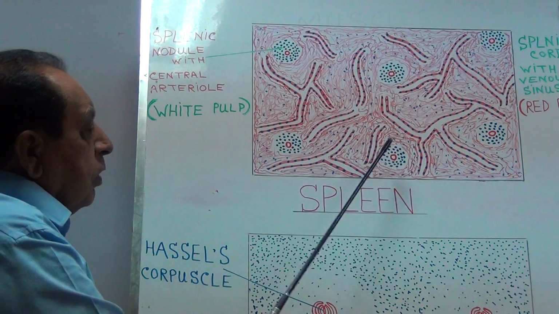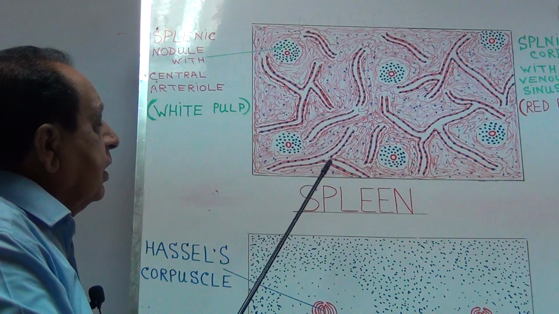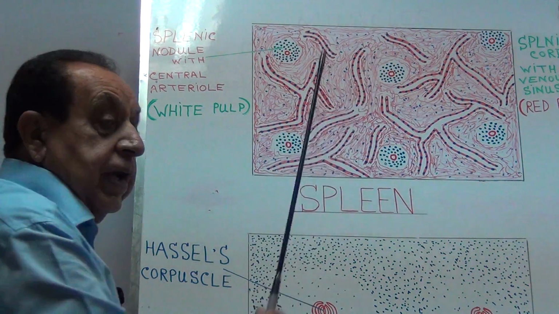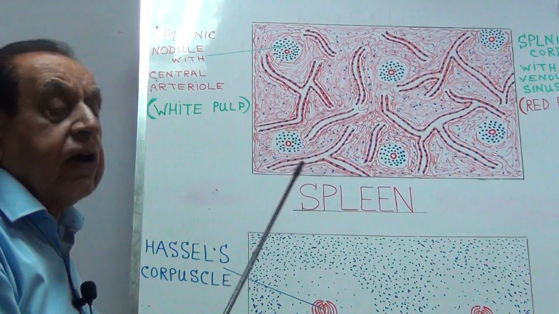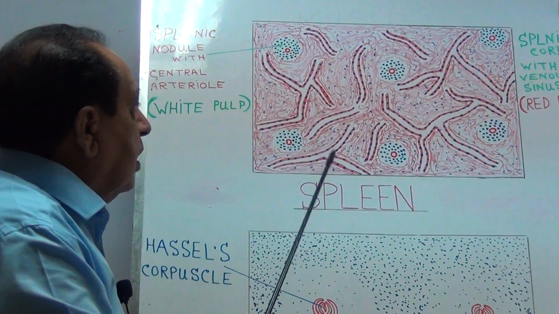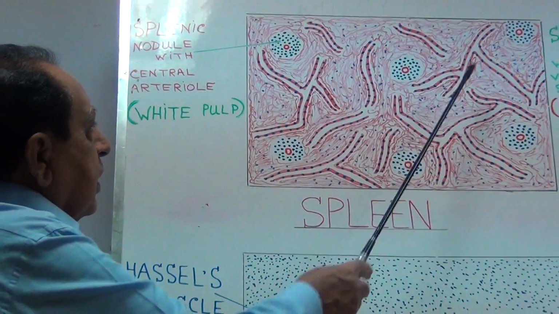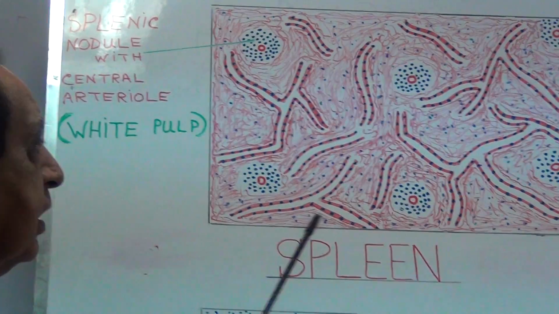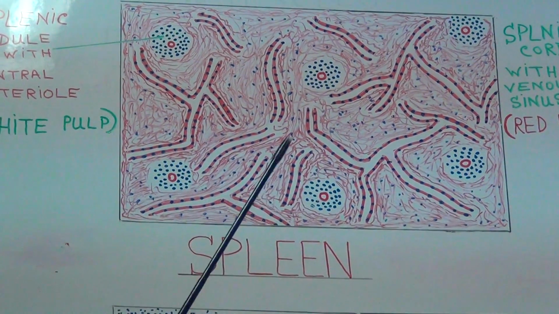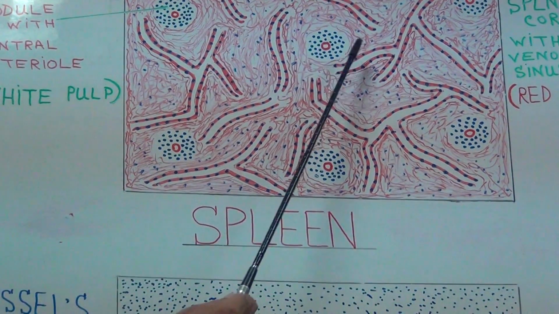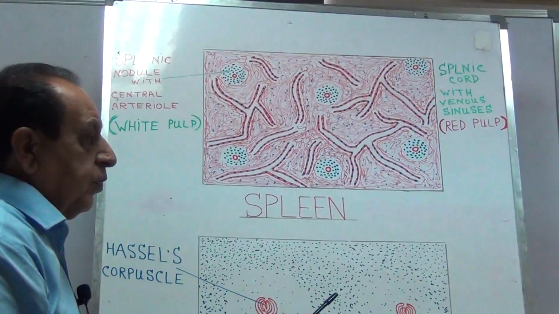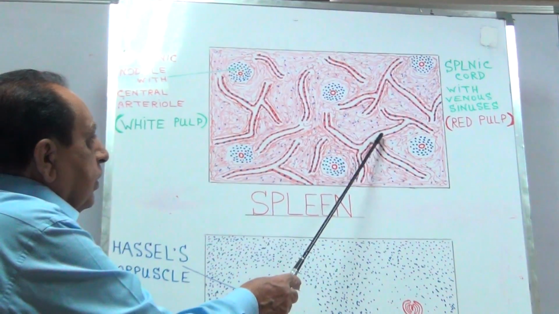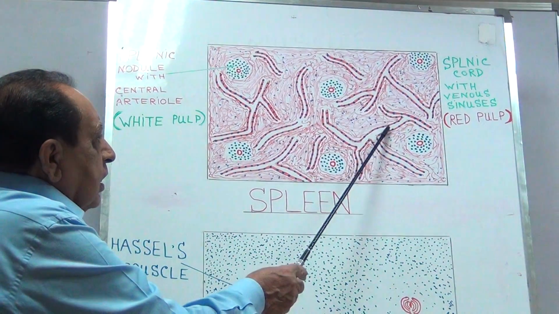Now that was about the white pulp of the spleen. Now the red pulp of the spleen. The red pulp is the larger area of the spleen. It contains cords called the splenic cords, and in between these cords are the sinuses.